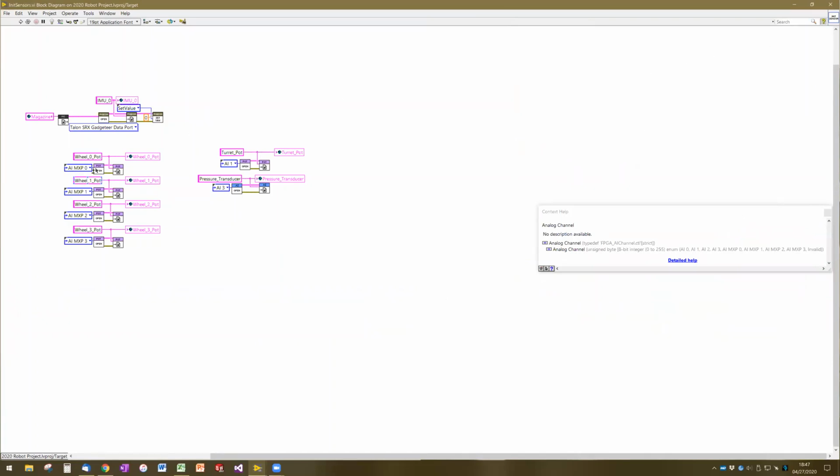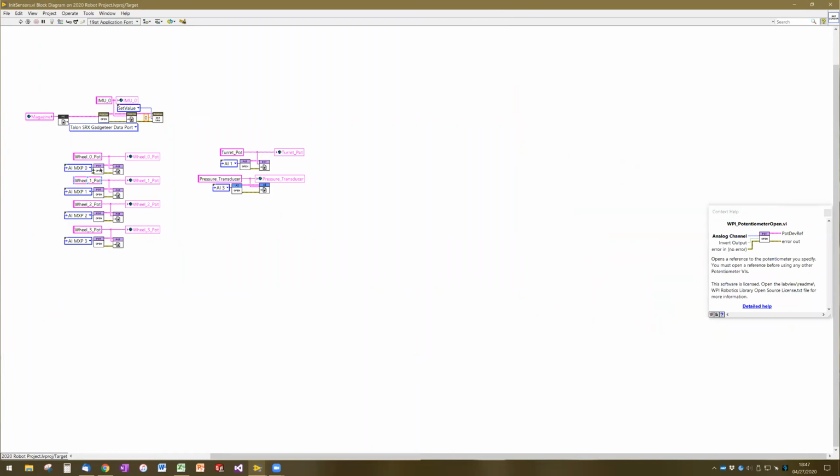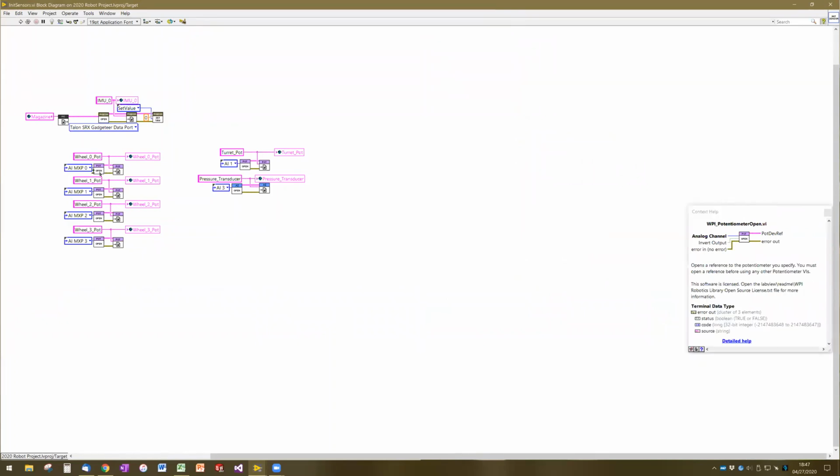And we have a couple options. We could open it as just a raw analog input, which would be from 0 to 5 volts as the output. There are some advantages to instead opening it up as a potentiometer.